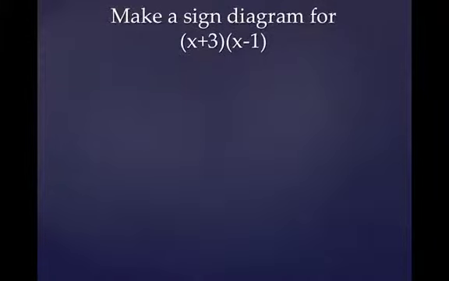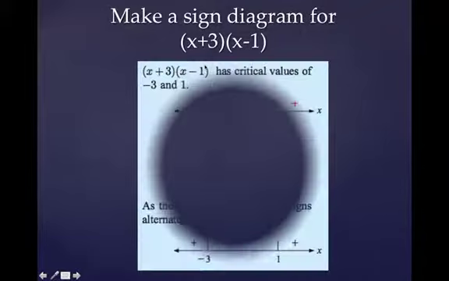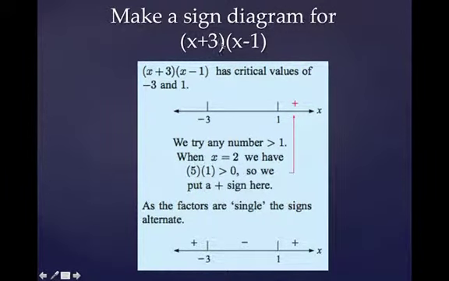So now let's try this without a graph. So here's a function. Take a minute, pause this video, take a minute to try to figure out this sign diagram. Hopefully you recognize that this is a quadratic, and we have it in factored form. So what we can do is find the x-intercepts.